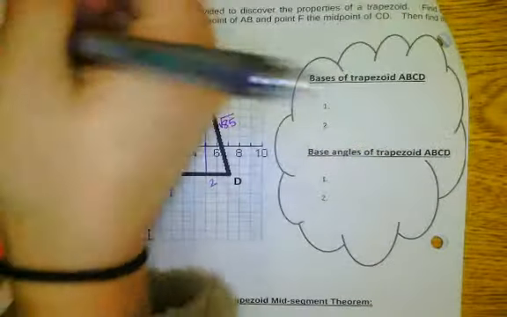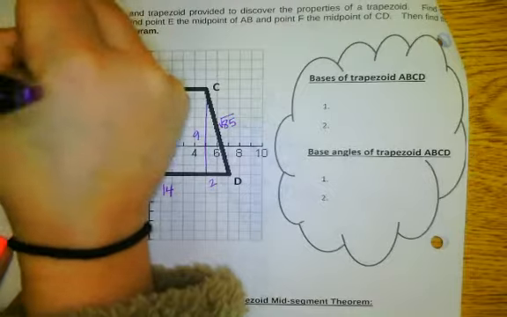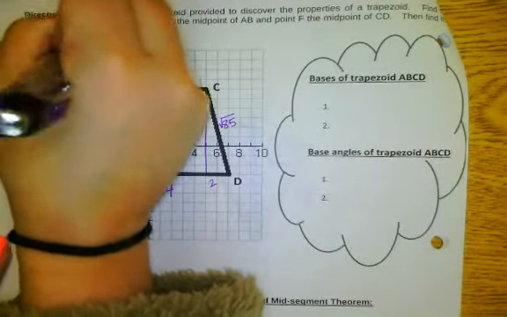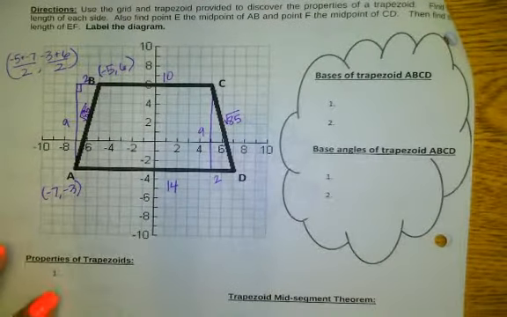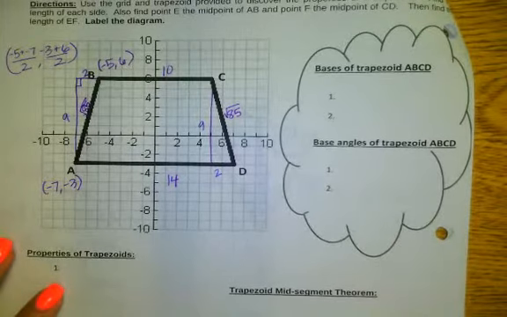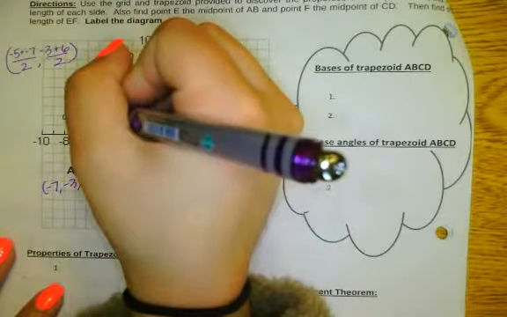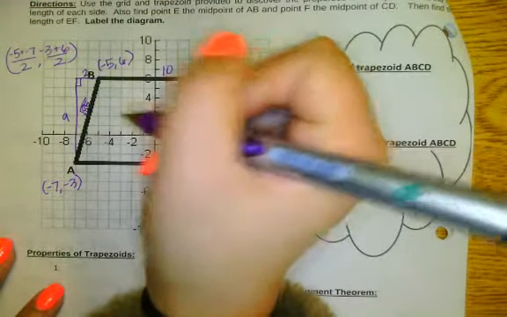So I have -5 plus -7 divided by 2, and -3 plus 6 divided by 2. What is the midpoint of that? -6 what? 1.5.